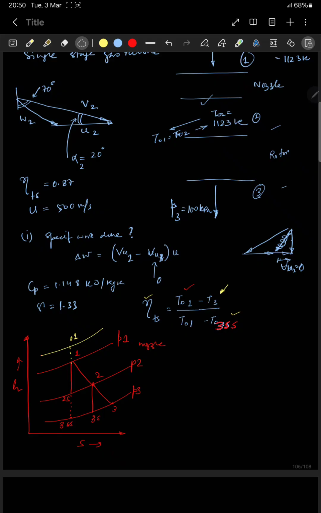Over here what I have missed is that the efficiency is called total to static. This is the total T01 minus T03. T01 is 0, okay, and stagnation minus T3SS.